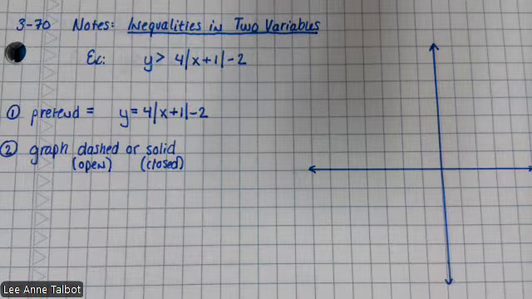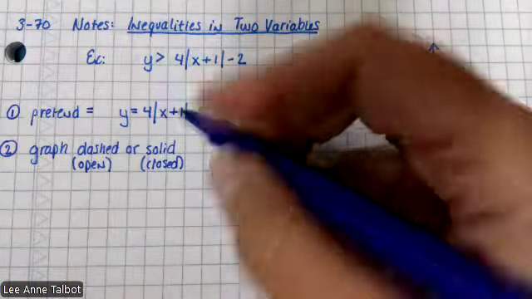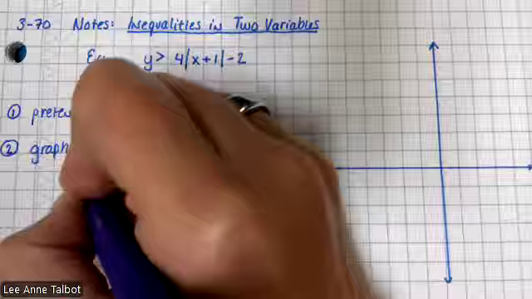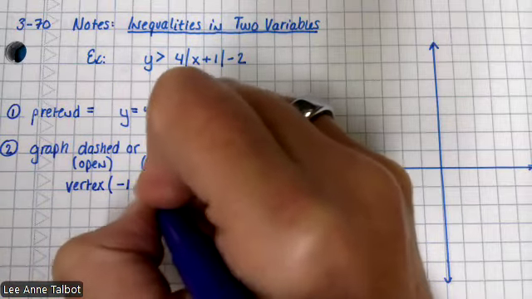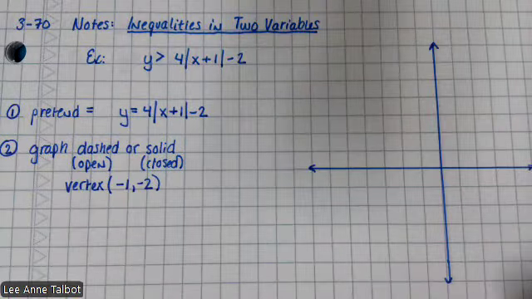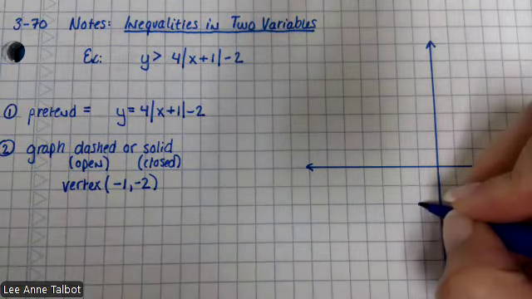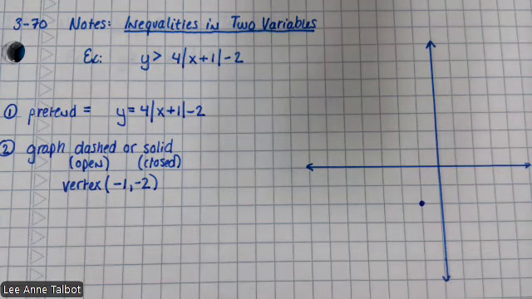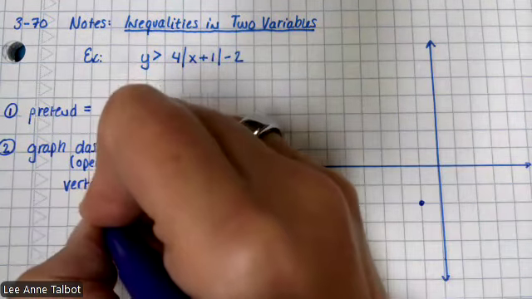Dashed. Okay, so how do we graph this? This is an absolute value, so it has a vertex at -1, -2. So absolute value has a vertex, -1, -2. And then absolute values, the A is the slope.